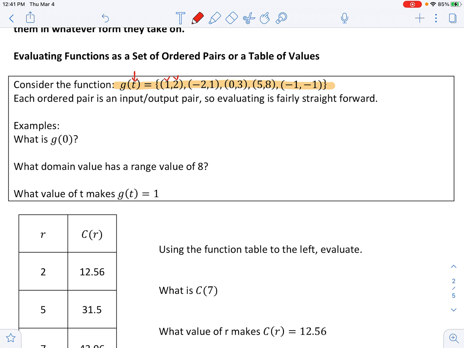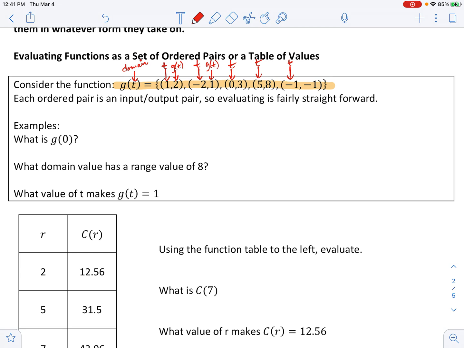Our input, or our domain, remember our domain and input are the same, is t. So this first number in each one of these is a t value. And the output is going to be g of t.